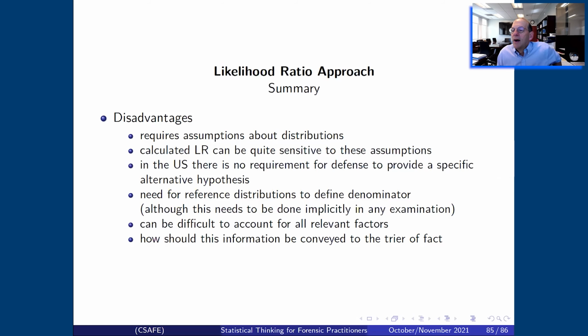I've had an ongoing conversation with a statistical colleague who says, the problem with this likelihood ratio argument is in the US, there is no defense requirement to provide an alternative hypothesis. So they object to the likelihood ratio on the basis of who's making up the alternative hypothesis. And likelihood ratio, as we saw, requires some information about the population distribution. And they can be very confusing for people to hear.